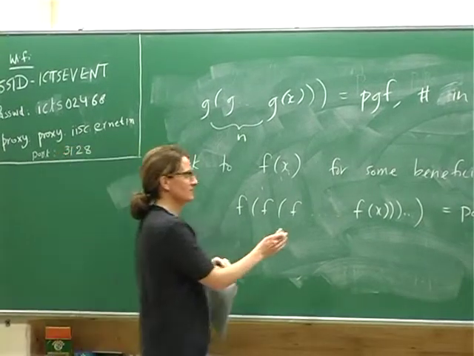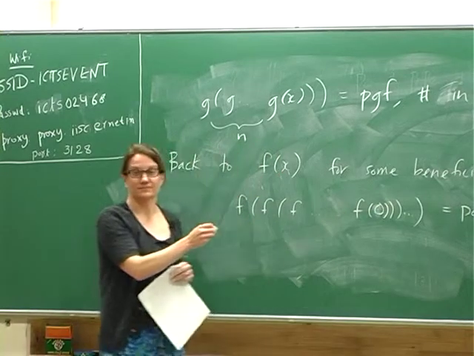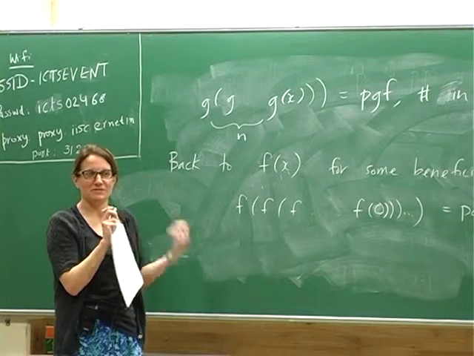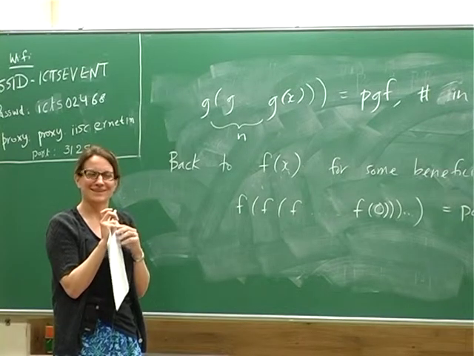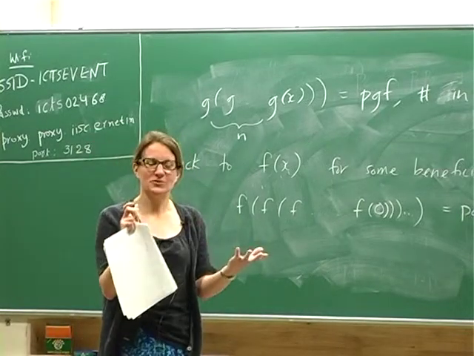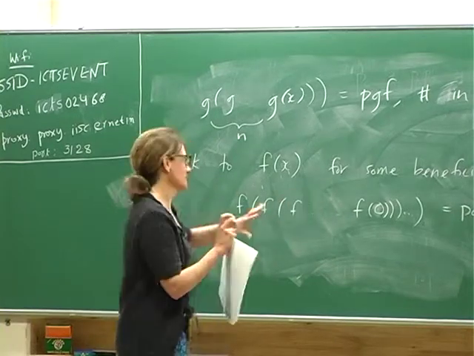Okay, what if I evaluate at 0? Remember that piece of information in your back pocket? Pull it out now. It's extinction. It's the probability that there's 0 individuals in the lineage after a long, long time, right? Because this is a PGF.